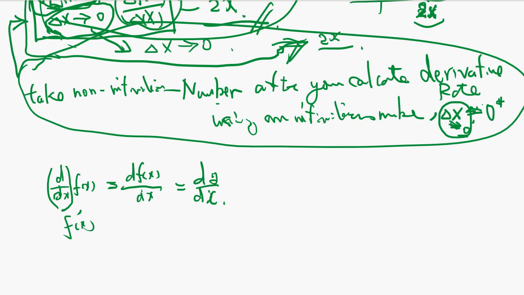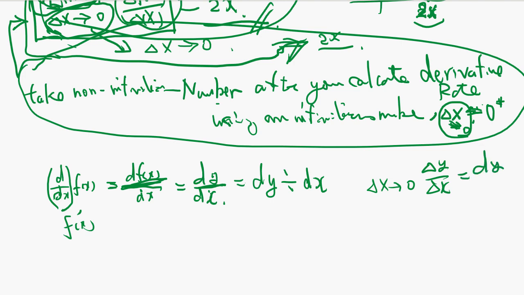Okay, but that's not what it is when you have division here. This is actually dy divided by dx. So if you say delta x goes to 0, delta y, delta x, dy dx, this becomes an infinitesimally small number. This becomes also an infinitesimally small number. Then are they infinitesimal numbers? No. They are real numbers.